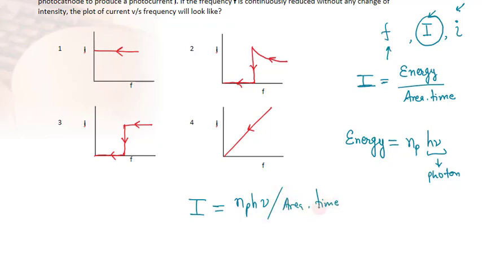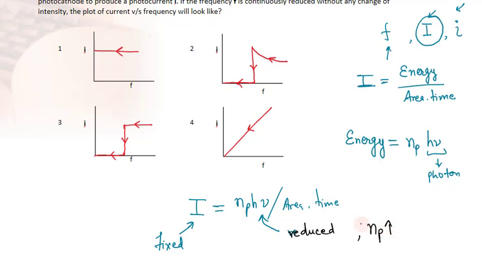Now from the question, this intensity is fixed, and we are also assuming that the area and time are fixed, and the frequency is reduced. If you reduce the frequency, then to keep the intensity fixed, Np will increase.